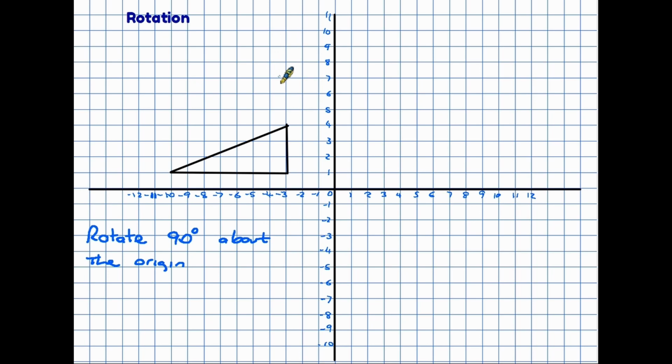I haven't got tracing paper here, so let's have a look at how we would do this. We are going 90 degrees, so we are going to be taking our triangle from this quarter into the quarter here. Now, let's take a point on the triangle, let's say the bottom right hand point here. If we have a look at where it is, it's again all about counting boxes. To get from the origin, we would go back 3 and up 1.